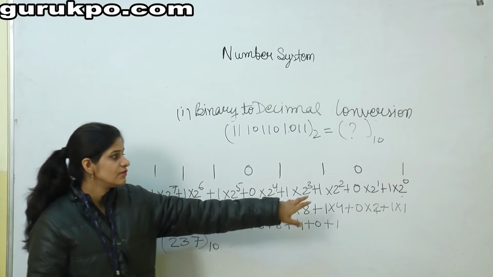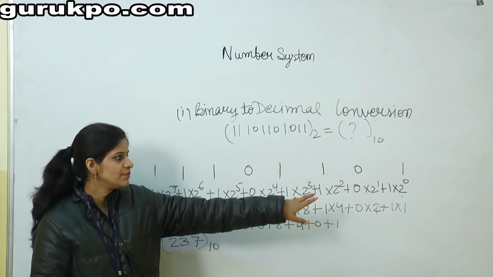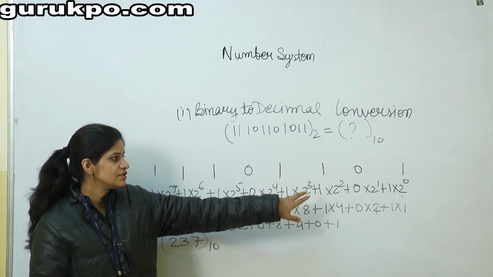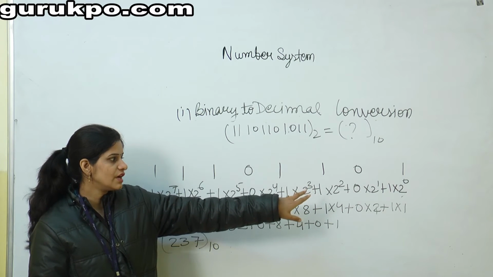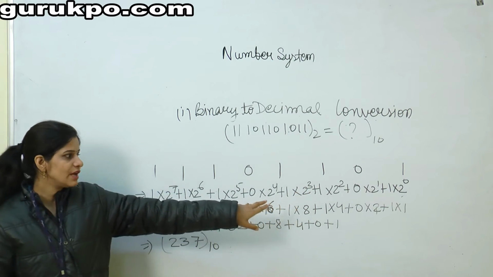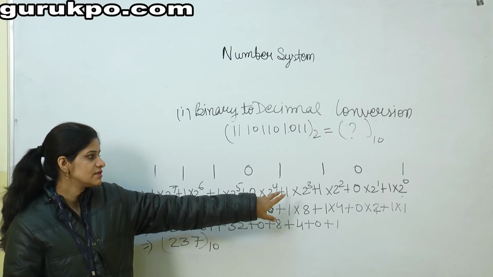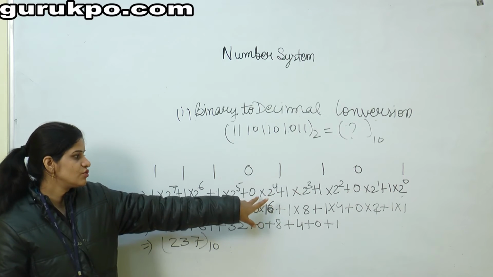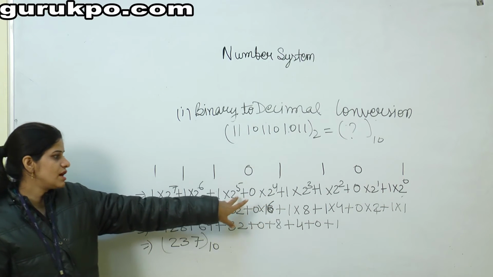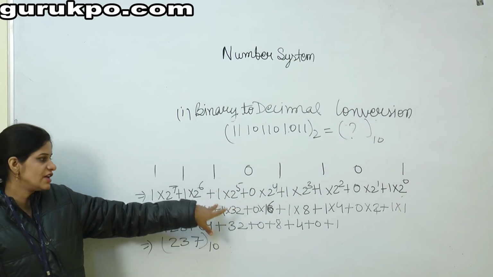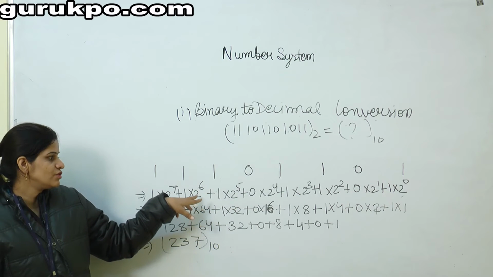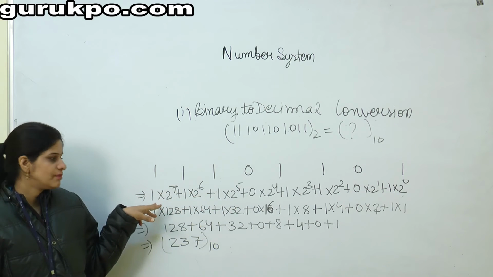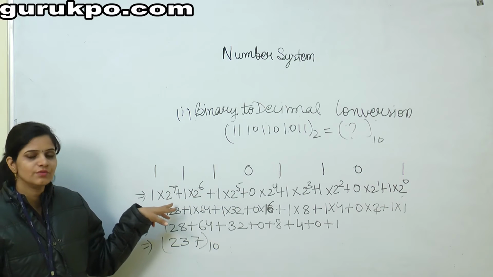Then 1 multiplied by 2 to the power 0, plus 0 multiplied by 2 to the power 1, plus 1 multiplied by 2 to the power 2, plus 1 multiplied by 2 to the power 3, plus 0 multiplied by 2 to the power 4, plus 1 multiplied by 2 to the power 5, plus 1 multiplied by 2 to the power 6, plus 1 multiplied by 2 to the power 7.